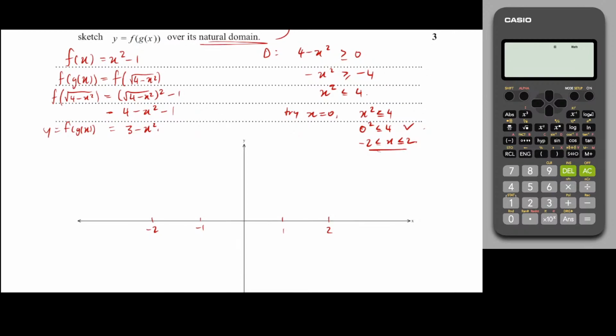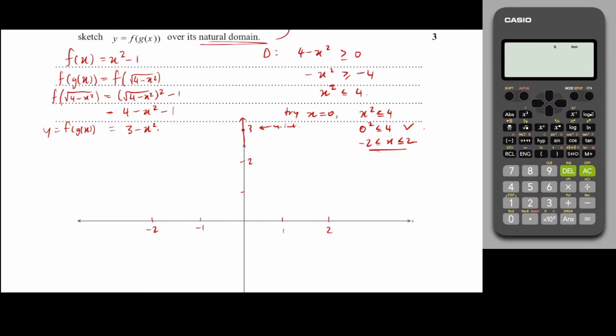Now the parabola 3 minus x squared, the y-intercept is 3. That's my y-intercept, and it's just a regular negative parabola.